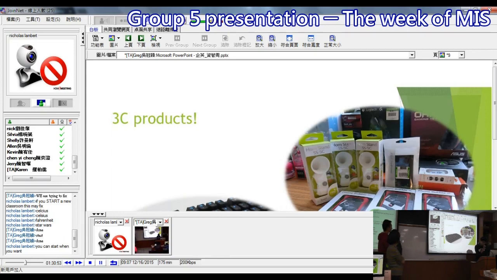And the next one is 3C products. We have four main stands in MIS Week, and 3C products is one of them. This stand sells a variety of 3C products such as keyboards, mice, power banks, earphones, etc. And these commodities we sell are sponsored by a vendor called Xinya.